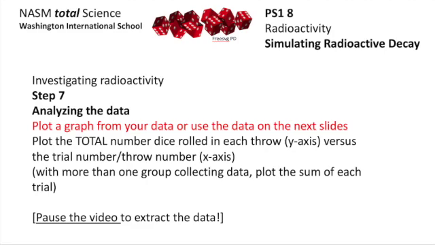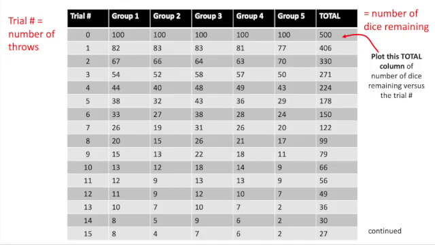So make sure you pause the video as you are extracting the detail from these charts. So here's the first one, and it just does the first 15 trials, and you'll actually see that with 5 groups we start the total of 500 and we go down to 27.